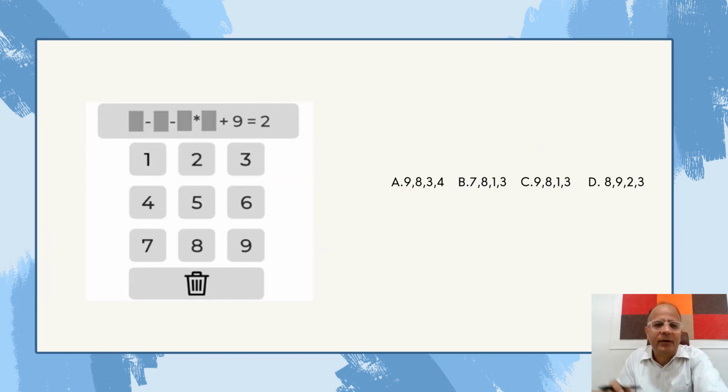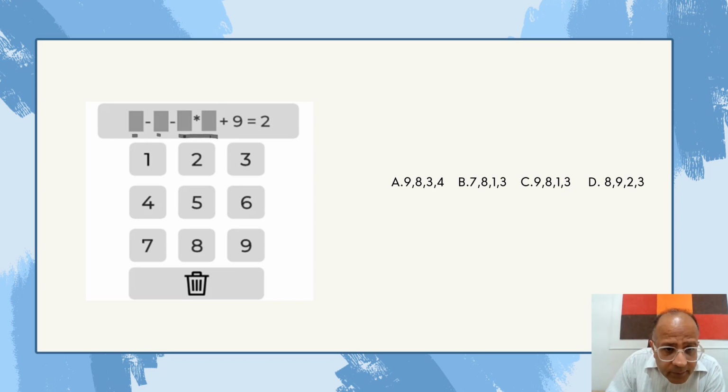The first one, as expected, you are seeing more blanks. Certainly more blanks, 1, 2, 3, 4. And you can see more negatives as well, minus. Whenever this negative comes, it makes things difficult for us. I have plus 9 over here, finally resulting in 2 on the right side.